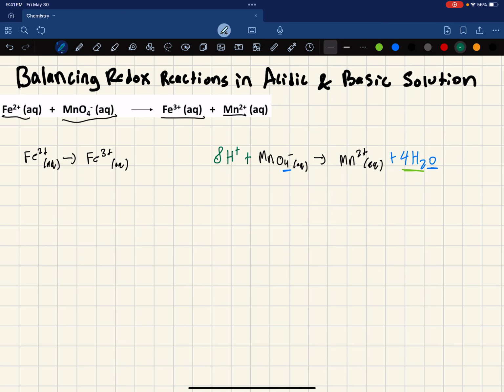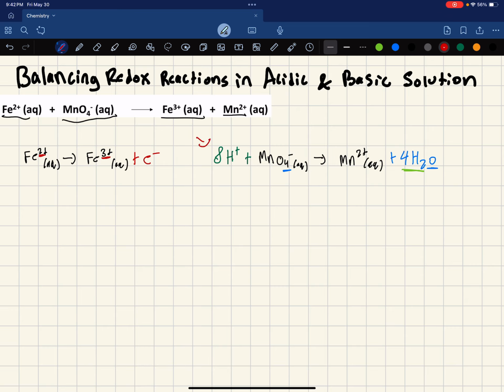Step 3, now this is where it involves balancing charges. And how do we balance charges? By adding electrons. So in this one, it's 2 plus charge, 3 plus charge. So on the right-hand side, we can just add 1 electron. And then now this side has a 2 plus, and this side also has 2 plus. So this one's a simple one.